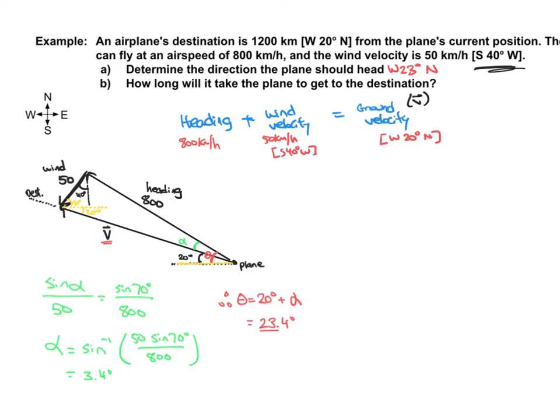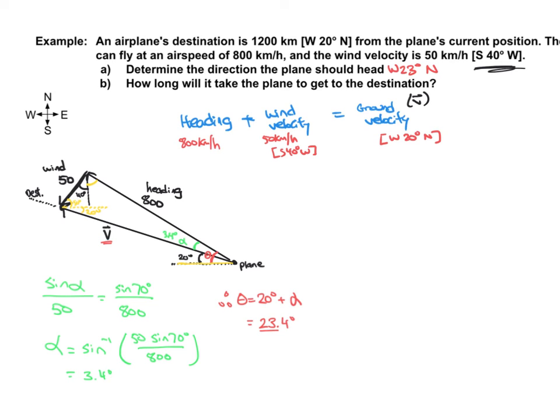Okay, part B. Well, this is going to require me to find the missing side labeled V there. And I can use sine law again, or I can use the cosine law. But I'm first going to need to know this last angle here before I can actually complete it.